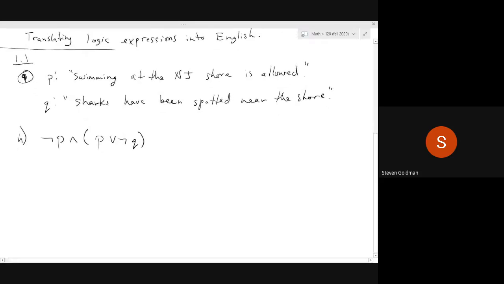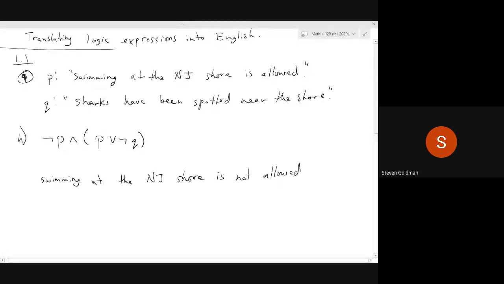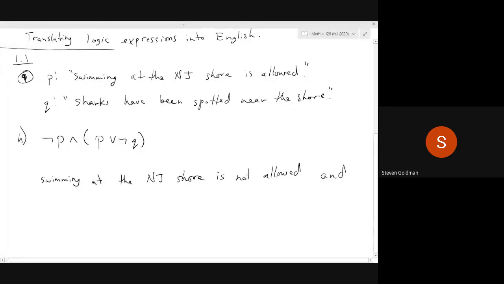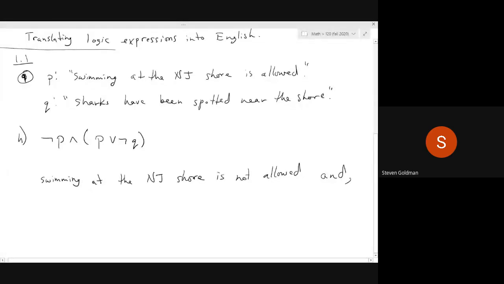So let's translate this. Not P would be the sentence, swimming at the New Jersey shore is not allowed. Then we have a conjunction, so that's the word and. Actually, I'm sorry.